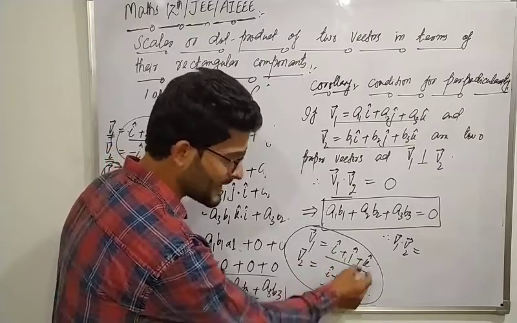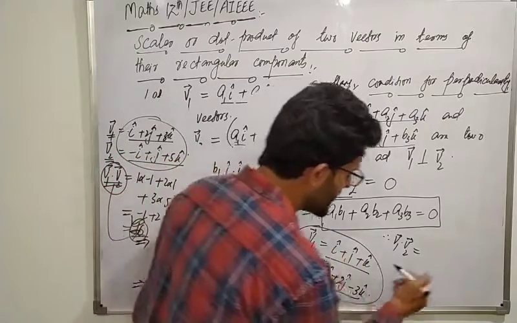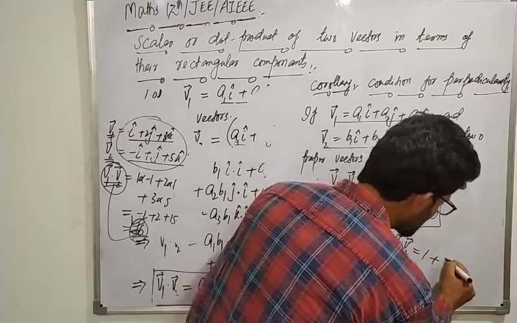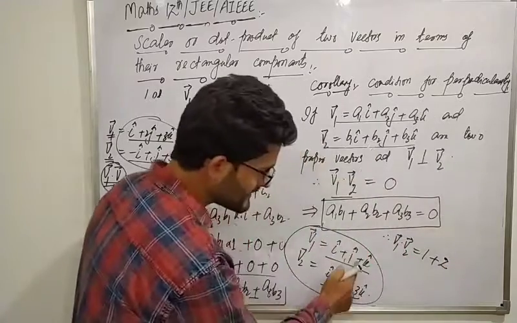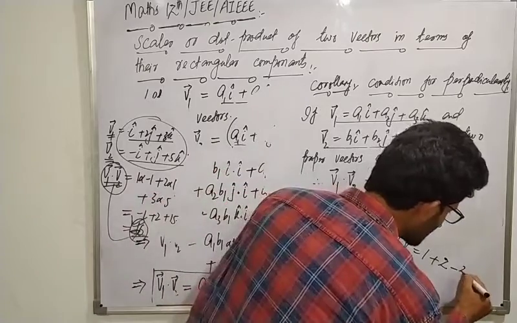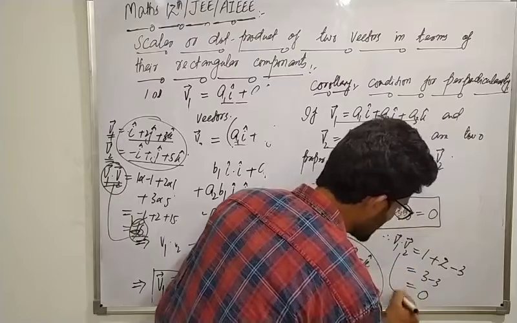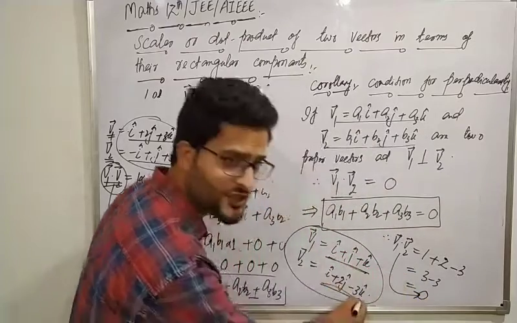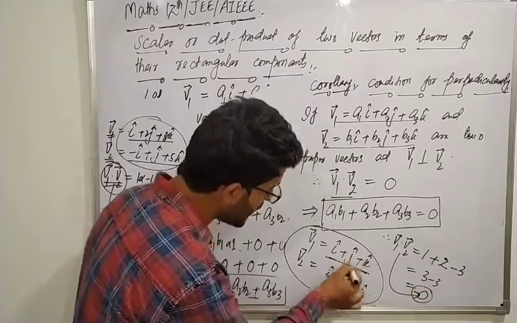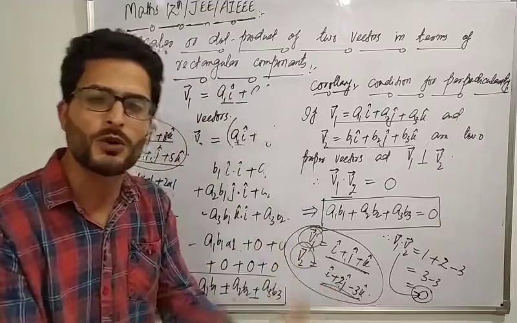Sum of products of their corresponding scalar components. तो 1 into 1 that is 1 plus 1 into 2 that is 2. हाँ जिगरा प्लस, but plus into minus आएगा minus 1 into 3 that is 3. So that is equal to 3 minus 3 which is equal to 0. Dot product of two proper vectors, they are proper. Dot product of two proper vectors is 0. When the dot product of two proper vectors is 0, obviously they must be perpendicular to each other.